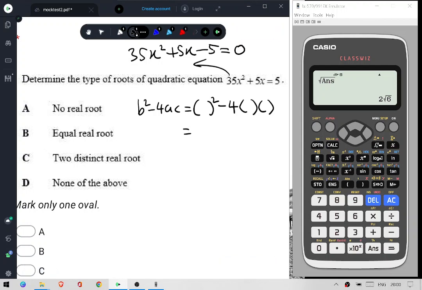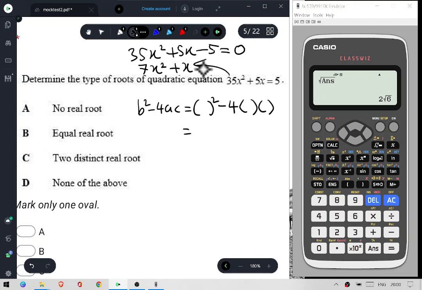Actually, we don't need to, but we can simplify. We can divide everything by 5 to get 7x squared plus x minus 1 equals 0. If we can simplify, we simplify, it's easy.